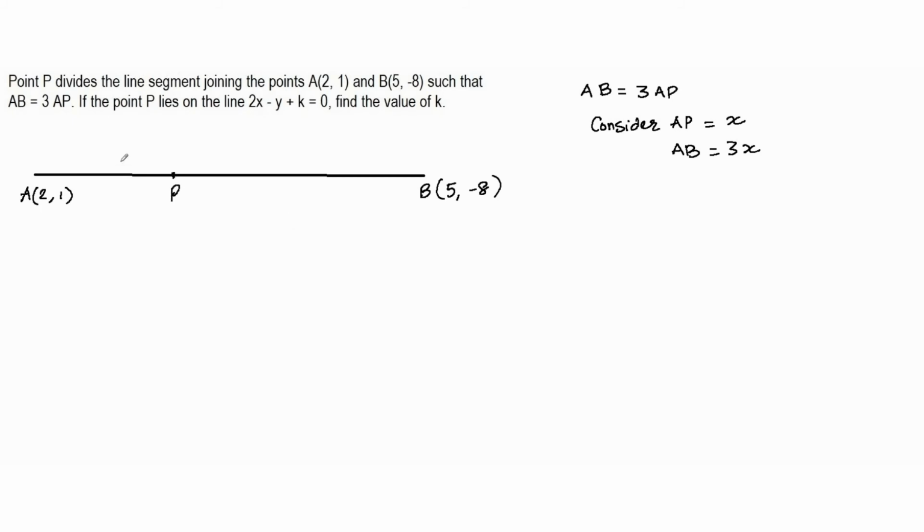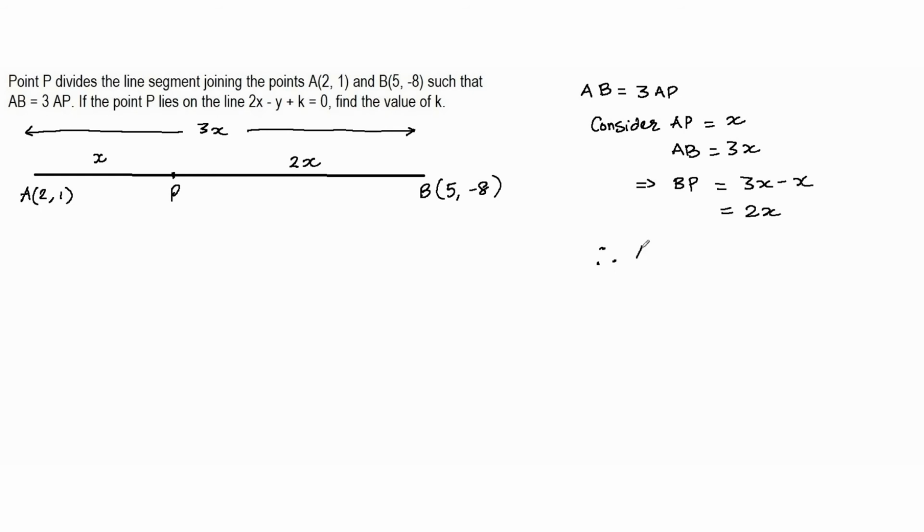So this is P. If the length of AP is x, then the length of AB, that is this whole length, is 3x, which implies that the length BP is going to be 3x minus x, which is basically going to be 2x.